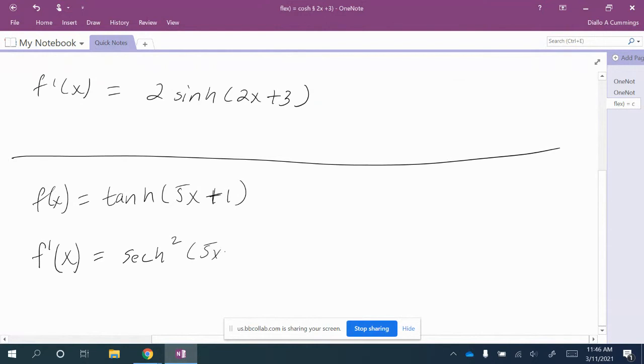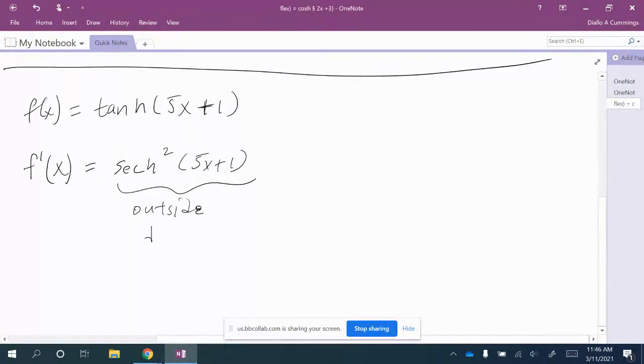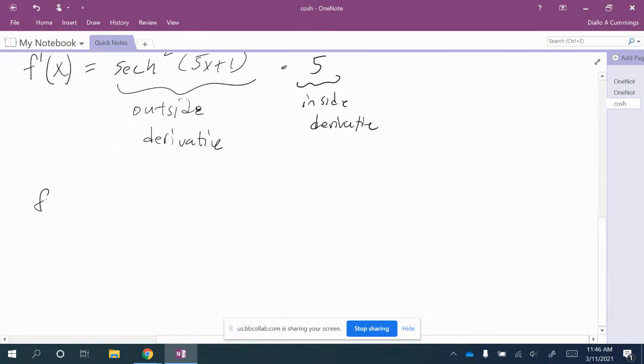So I'm going to take my outside derivative times my innermost derivative. The derivative with respect to x for 5x plus 1 is 5. So we have 5 times the hyperbolic secant squared of 5x plus 1.